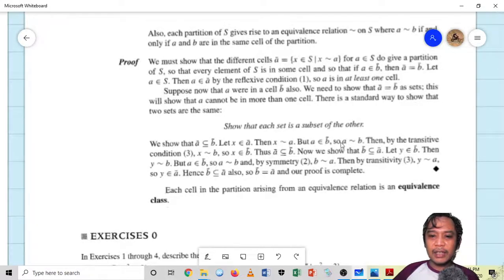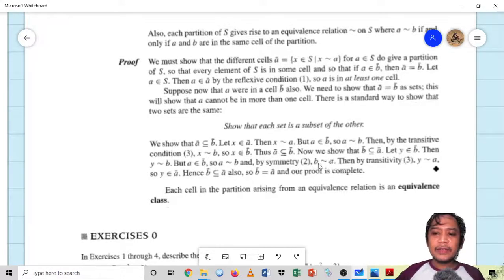X is related to A and A is related to B. The relation is an equivalence relation, so it is transitive. So it should follow that X is related to B. Meaning, X is also in the cell containing B. But in our assumption, X is in the cell containing A, and it followed that X is in the cell containing B. Therefore, the cell containing A is a subset of the cell containing B.